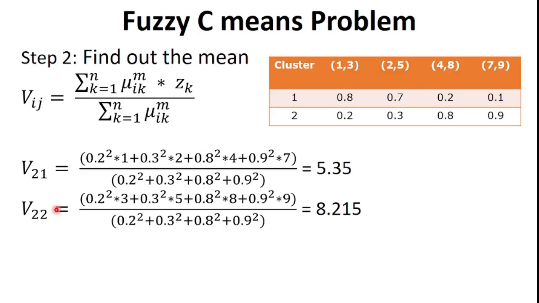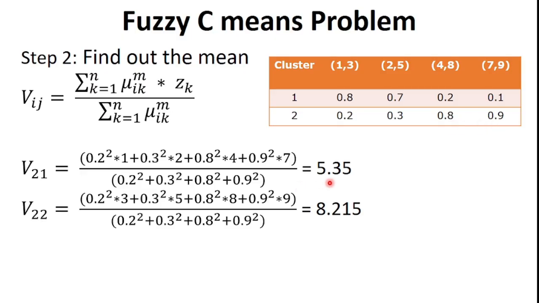Now we calculate V21 and V22. V21 indicates the second cluster's first value. It is 0.2 square into x term 1 plus 0.3 square into 2 plus 0.8 square into 4 plus 0.9 square into 7, whole divided by 0.2 square plus 0.3 square plus 0.8 square plus 0.9 square.